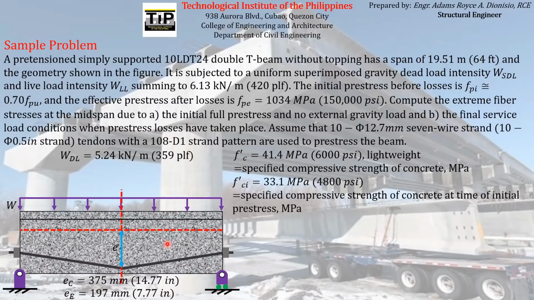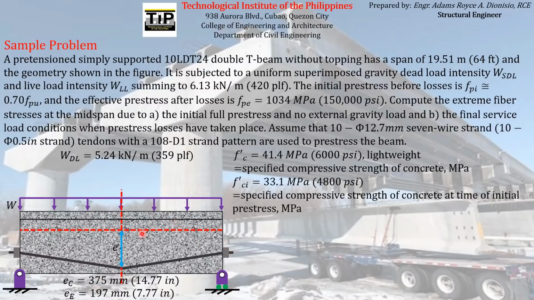So since the concrete still doesn't attain the compressive strength of magnitude FC prime at the time when the pre-stressing force is transferred, we have to consider the specific compressive strength of the concrete at the time when the pre-stressing force is transferred to it.